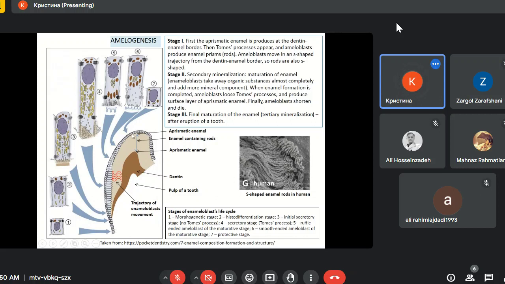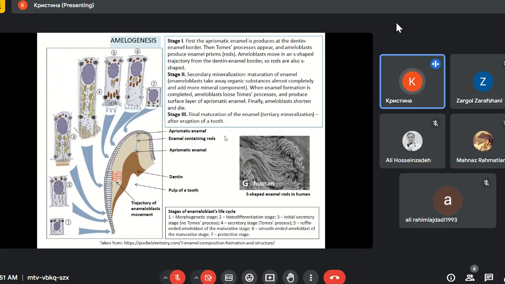And at the end of the production of enamel, ameloblasts lose their apical process, produce the last layer of enamel, the aprismatic enamel layer, and then they die. So when ameloblasts produce all the layers, the whole thickness of enamel, they die by apoptosis.